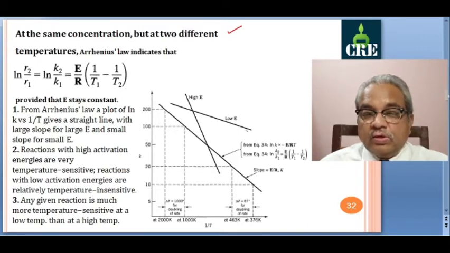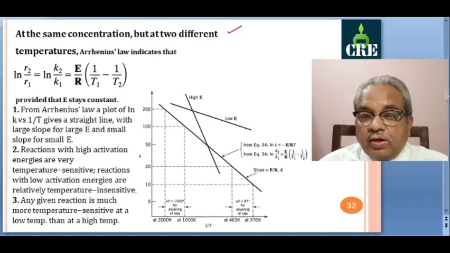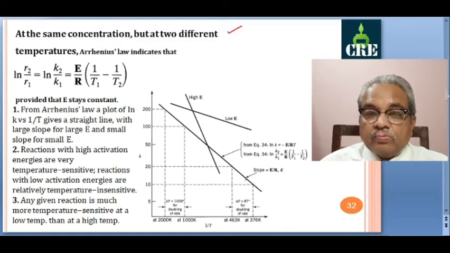Slope is less value, means low activation energy. So these are representations here, and this in general is slope E by R if you have the different values.